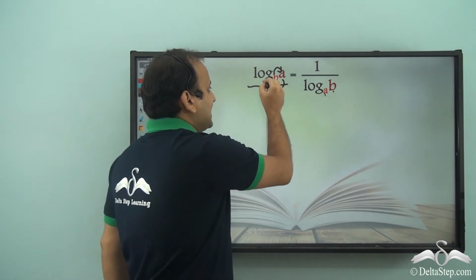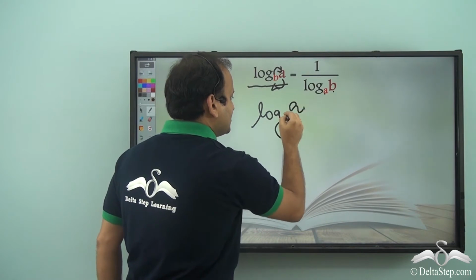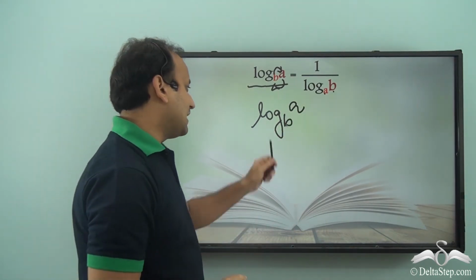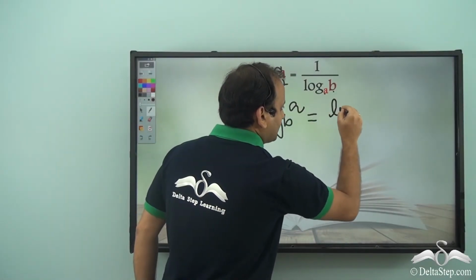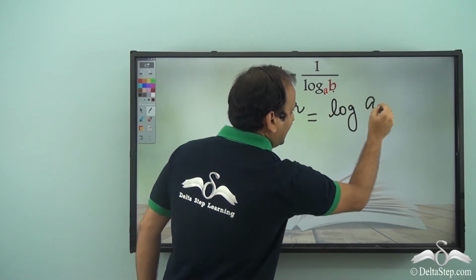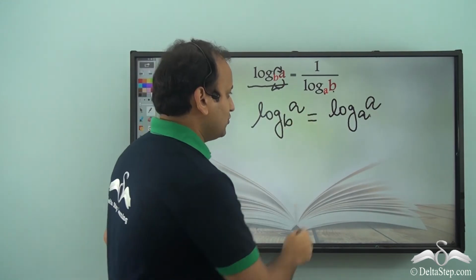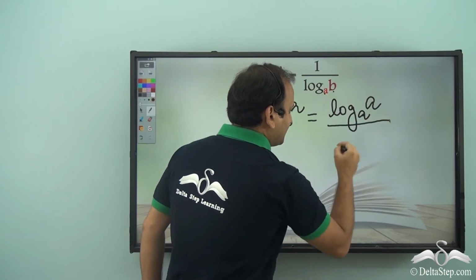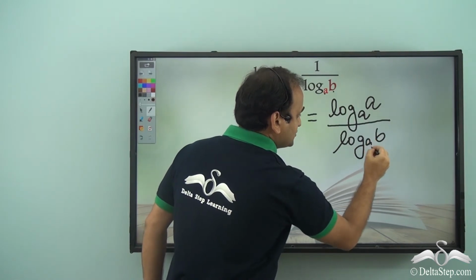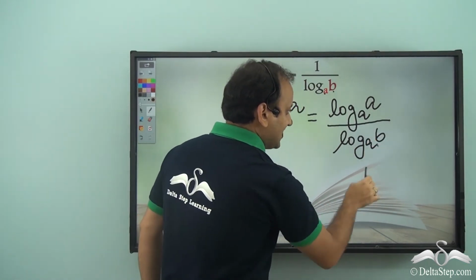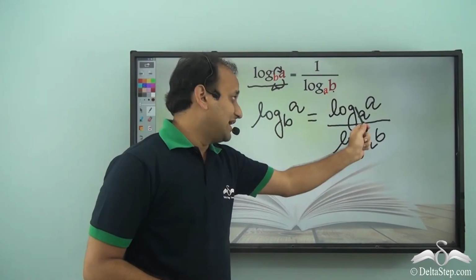So in case of log a to the base b, if we apply the change of base formula, we can write it as log a to the base a, because we want the argument to be the base, by log b to the base a. This is the older base and this is the new base we want. So by applying the change of base, we were able to get this expression.